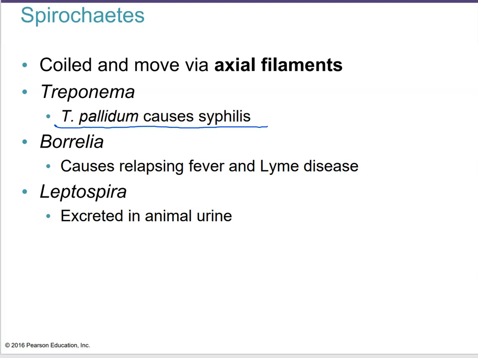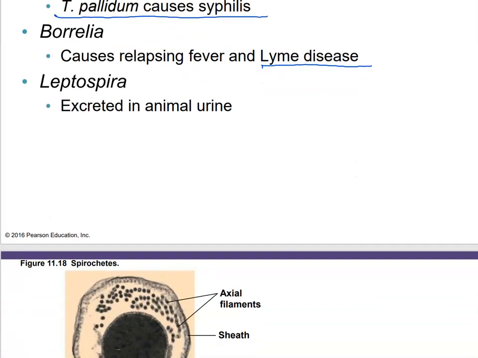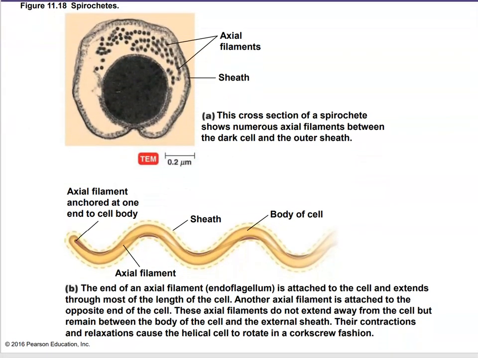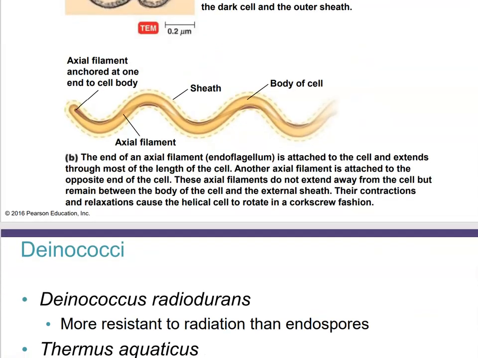That is the cause of Lyme disease. Leptospira, that one we will not see again. Okay, so here's some spirochetes. You can see the endoflagellum, so axial filament or endoflagellum, same thing, sort of creating that curviness in the body of this bacterium. And up here would be a transmission electron micrograph, so pretty cool.